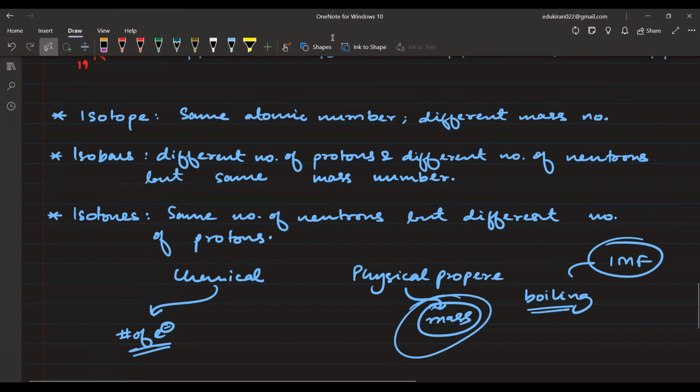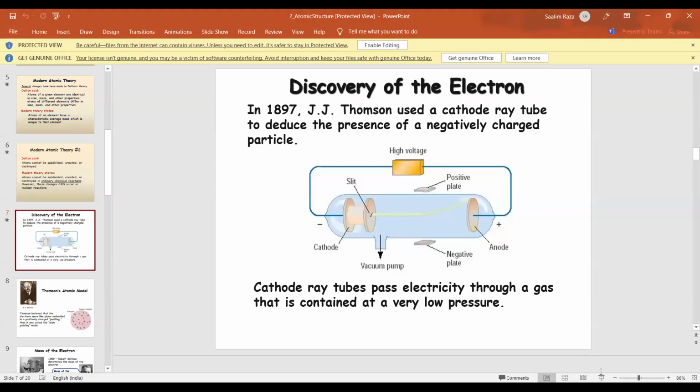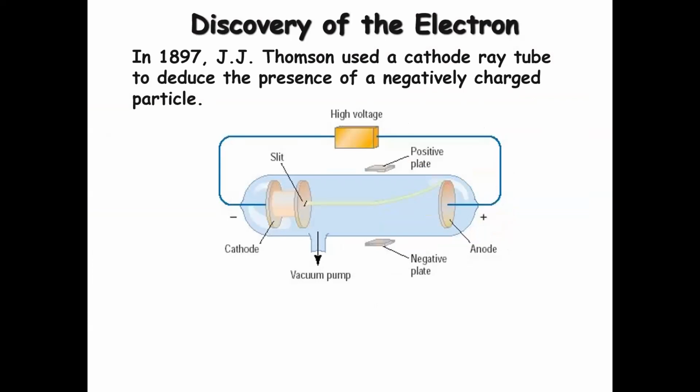Okay, so let me share with you. Can you see this slide? Yes. Okay, so you look at this and you write this: discovery of electron, and then make this particular diagram.